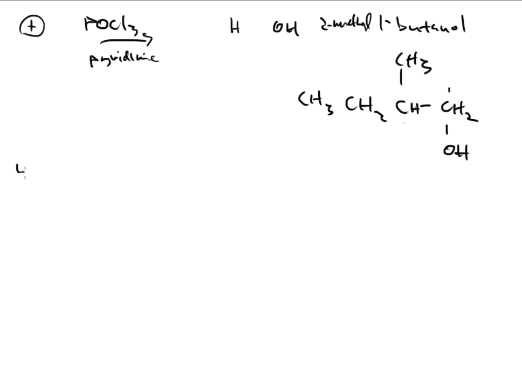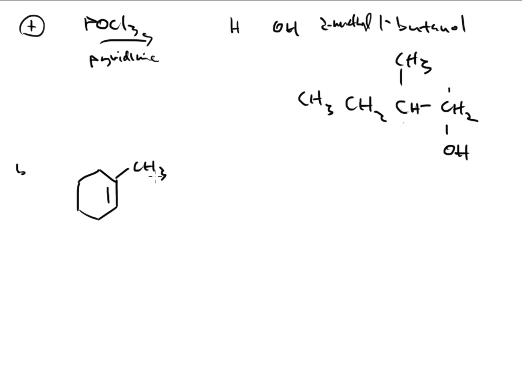Now let's take a look at B. If I take a look at B, this is what I want to end up with. So what kind of alcohol would give me that product in an elimination?